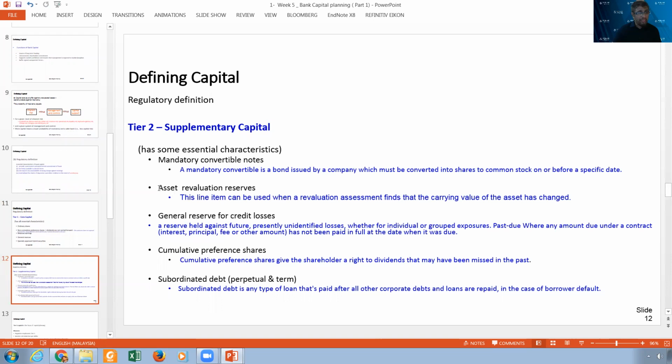Now, the other thing is asset revaluation reserves. And this is very interesting, and those people in accounting know. For example, take any bank here, say Public Bank. Now, Public Bank started in 1965. In 1965, maybe they bought a big land here in Klang Valley.